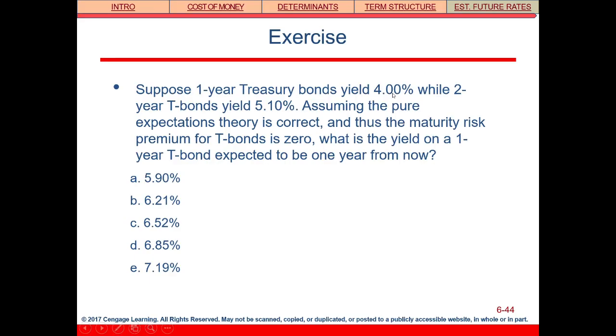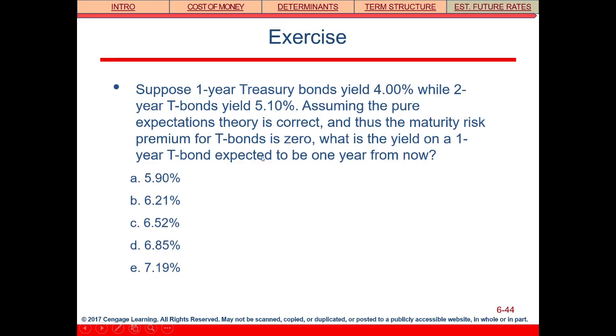So if we draw a timeline, 4% is for the first year. The second year we don't know. So basically the 1-year treasury bond expected to be 1 year from now is the second year. That's the one that we don't know. We say it's X. And then the 2-year is 5.1%.